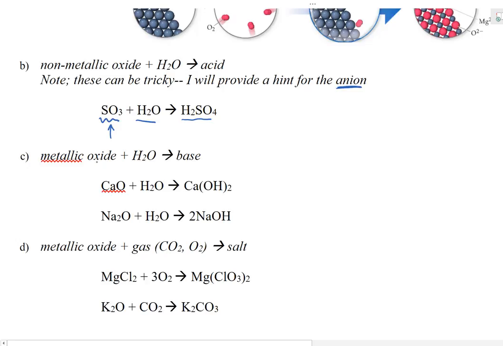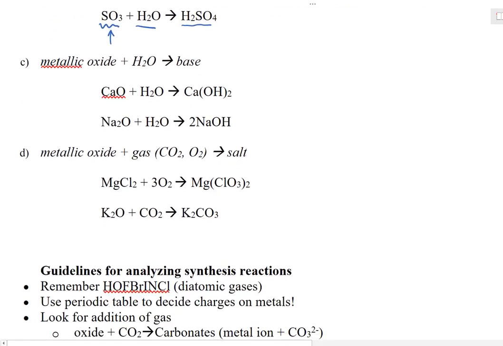For a metallic oxide, or a metal with oxygen, like calcium oxide or sodium oxide, when you combine that with water, you will produce a base. To make this compound, you're going to join the metal ion with hydroxide. The last ones are metallic oxides or ionic compounds combining with a gas and will produce an ionic compound.